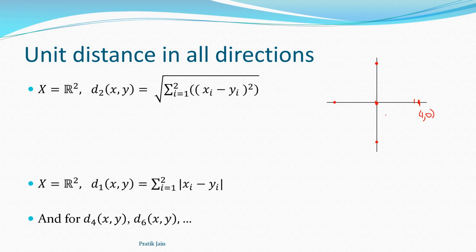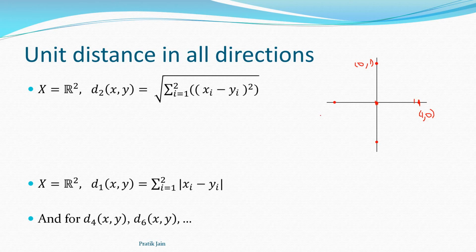You can put that into this formula where this yi, say it is 0, so this just goes away, so it is just xi square, right? So it is 1 square is 1. So this is 1 unit apart. Similarly, this, that is 0 comma 1, is again 1 unit apart. And the same can be told over here for these two, because they are just minus and there is this square sitting over here, right?